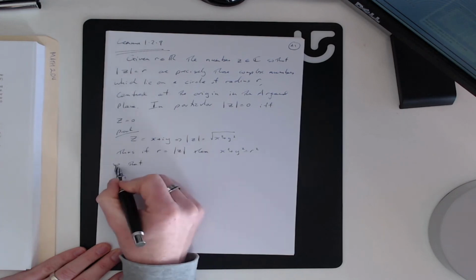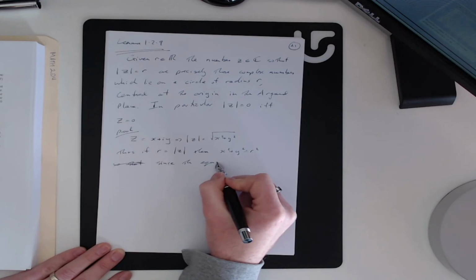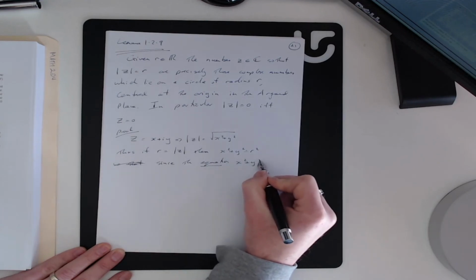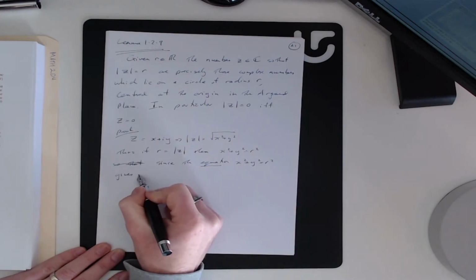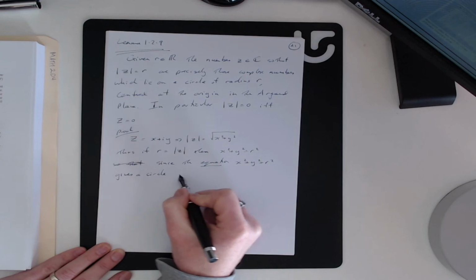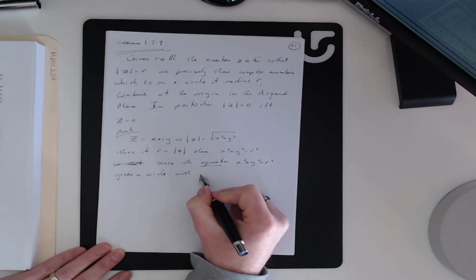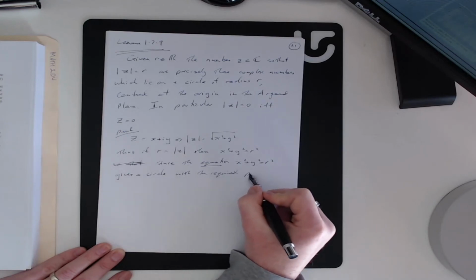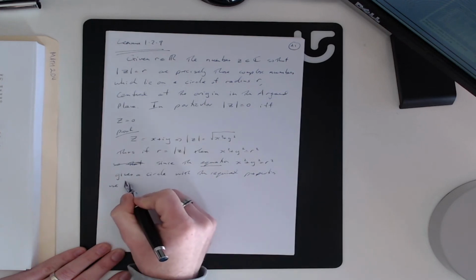So that, no, since the equation x squared plus y squared equals R squared gives a circle with the required properties, we have the result.